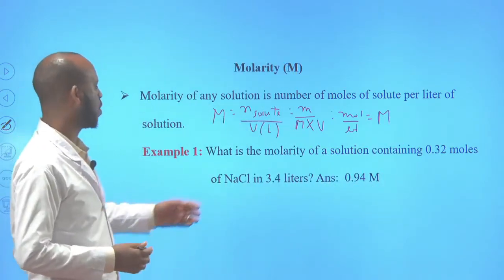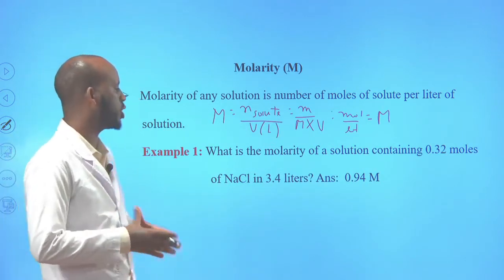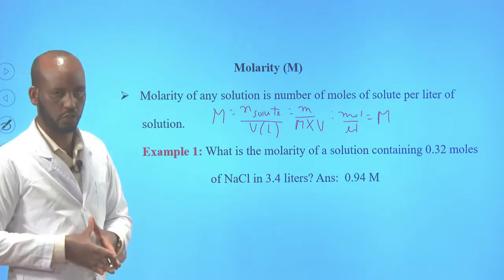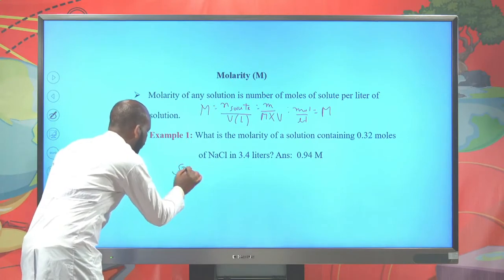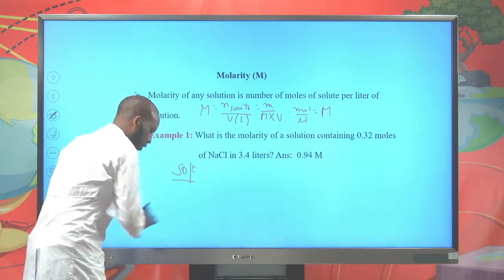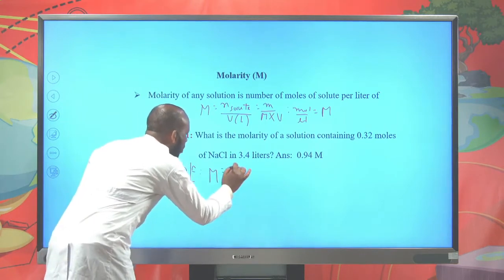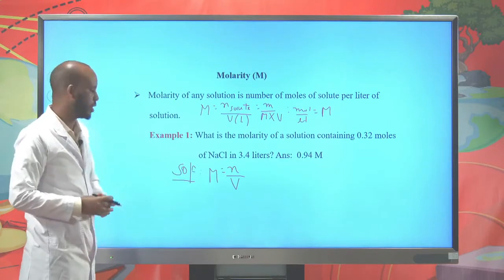For example, what is the molarity of a solution containing 0.32 moles of sodium chloride in 3.4 liters of solution? Molarity of the solution, capital M, equals number of moles of solute divided by volume of the solution in liters.